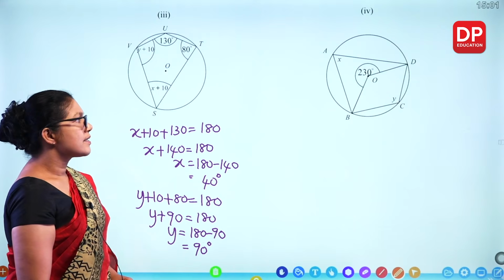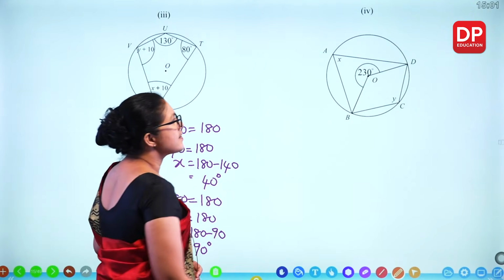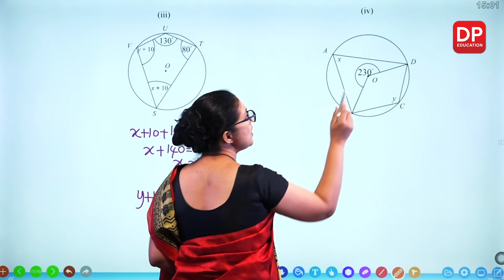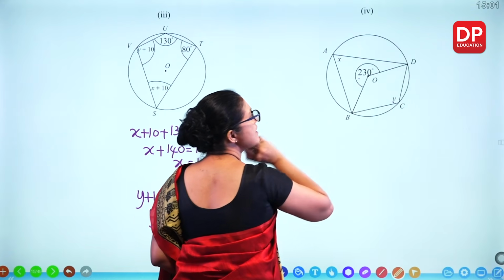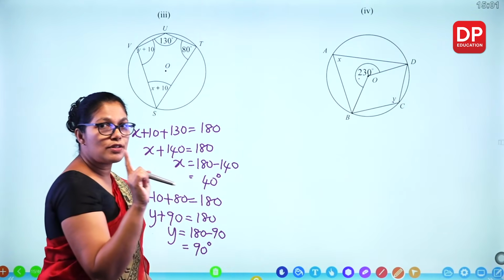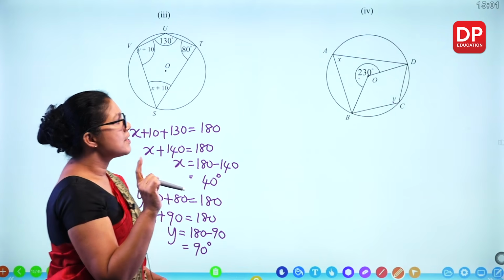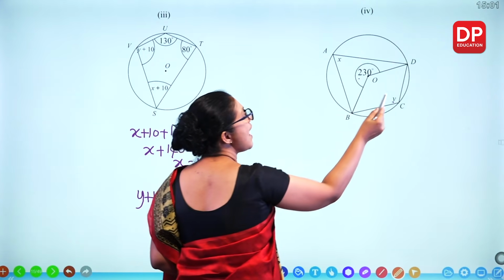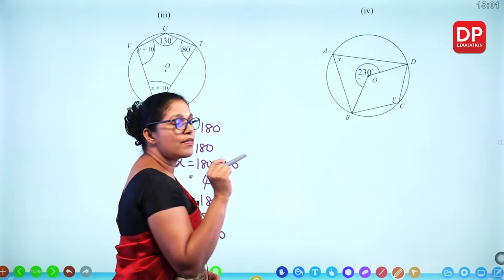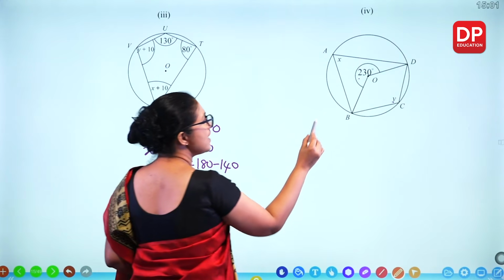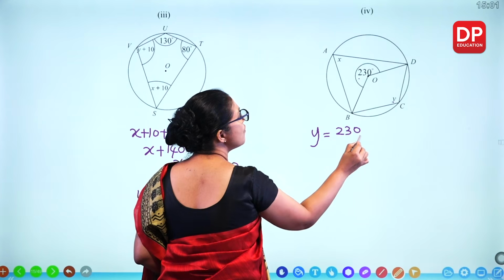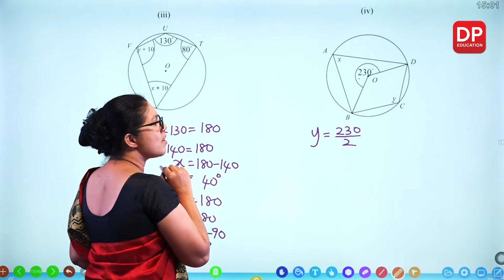Look at this one. How can we start? You have given x and y here. What's the relationship between this angle and this angle? According to the theorem, angle subtended at the center is twice the angle subtended on the circumference. So straight away you can write y equals half of this angle, 230.